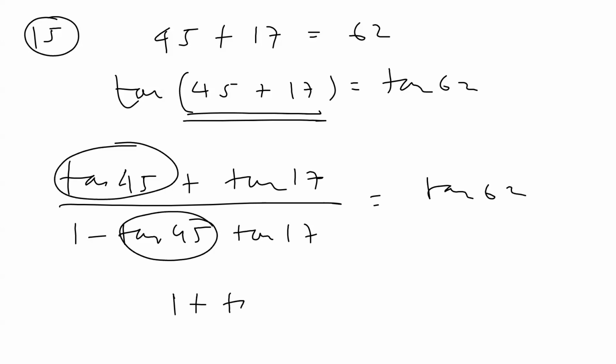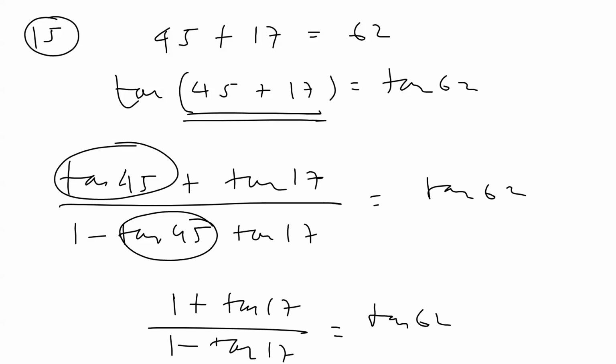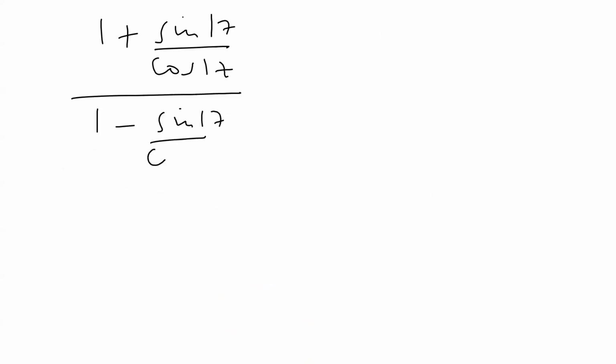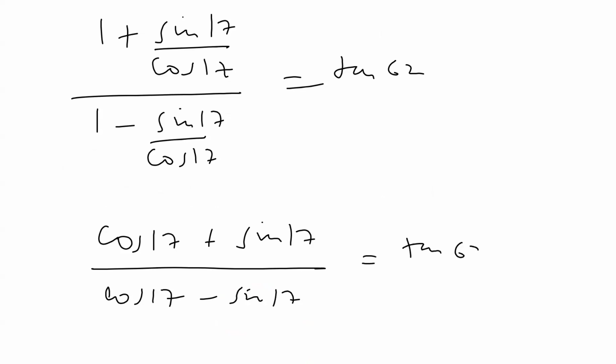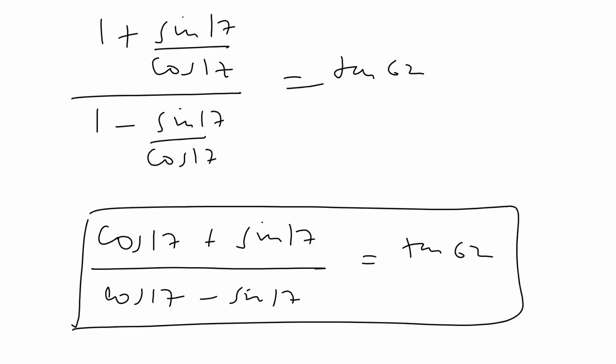Tan 45 is 1, so 1 plus tan 17 upon 1 minus tan 17. Now convert tan to sin upon cos: 1 plus sin 17 upon cos 17 over 1 minus sin 17 upon cos 17 equal to tan 62. Take LCM and then cancel the cos terms. Hence proved.